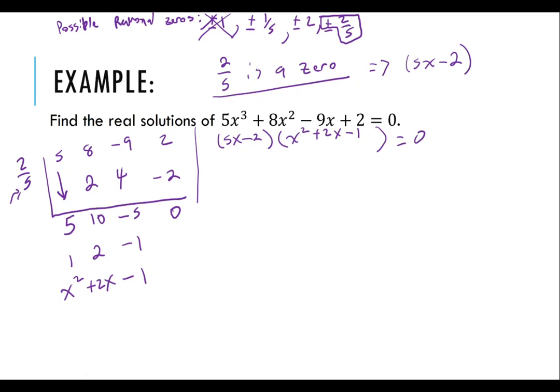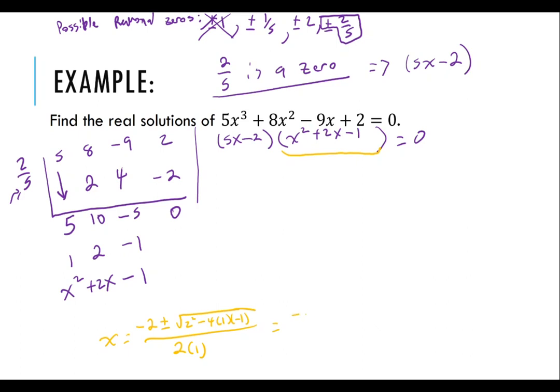And that equals 0. But now, since I'm trying to find all the real solutions, I'd like to factor this, but it won't factor, so I'm just going to use the quadratic formula. That is, x is equal to -b plus or minus the square root of b squared minus 4 times a times c, all divided by 2a.